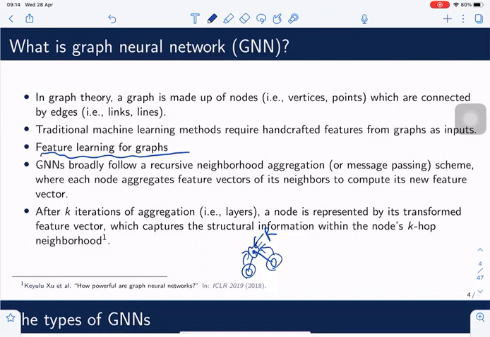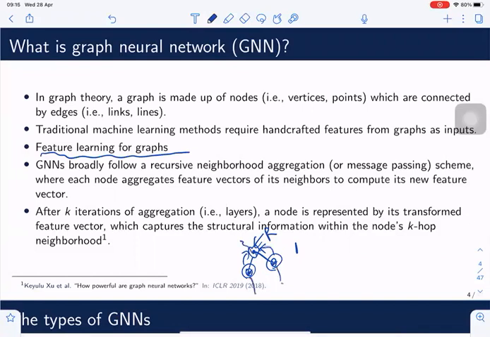Another feature of GNNs is that they are layer-wise. After k iterations of aggregation, a node is represented by its transformed feature vector, which captures the structure information within the node's k-hop neighborhood. In layer 1, you get the information from these two nodes if you want to learn the representation for this node.